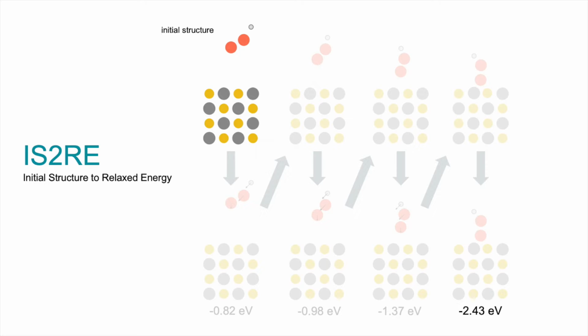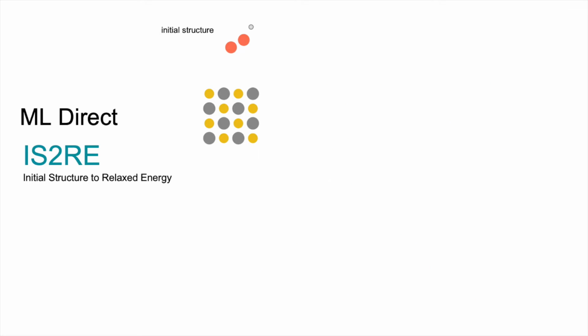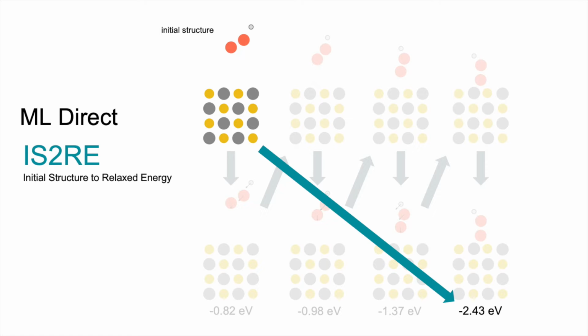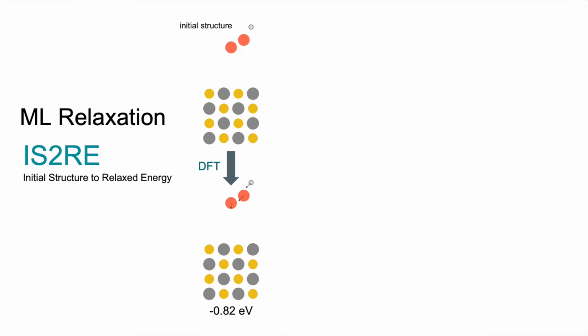The next thing that we could evaluate is, can we compute the energy of the relaxed structure? Because this is a property that we really care about in a lot of practical applications. There are two different ways that we can compute the energy of a relaxed structure. The first is we can just take the initial structure as input, and then we can just compute a scalar value that we think is going to be the relaxed energy given that initial structure. The second approach, which we call the relaxation approach, is we use our machine learning model as a replacement for DFT.